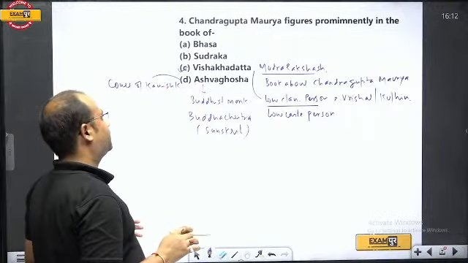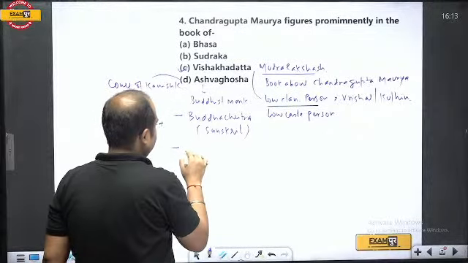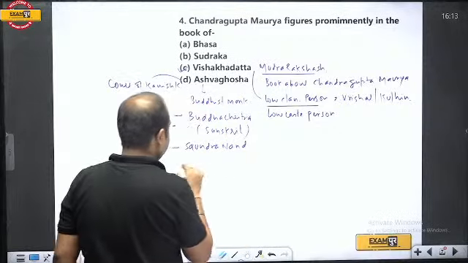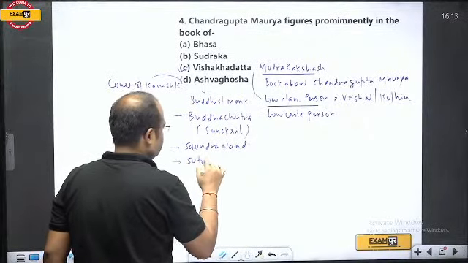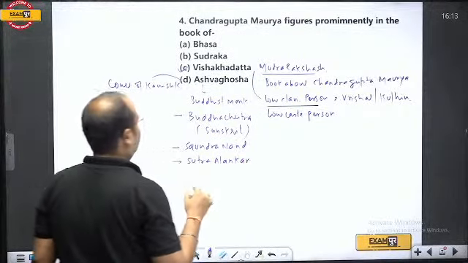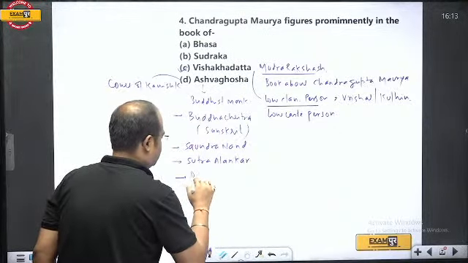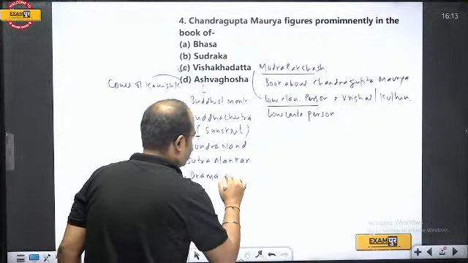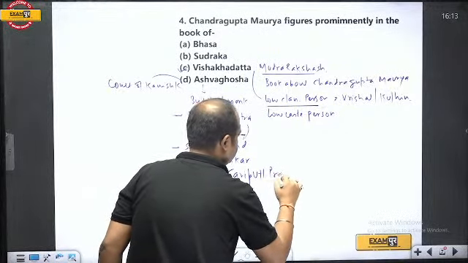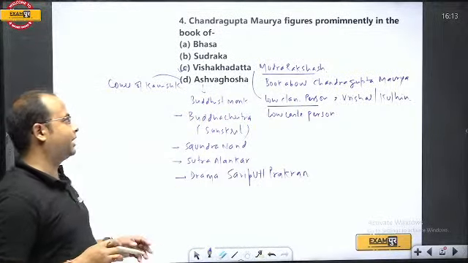He also wrote Saundaryanand and Sutra Lankar, and he wrote a drama also, that is called Sariputra Prakaran.